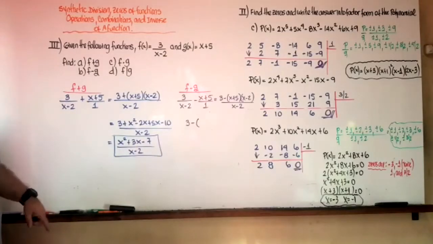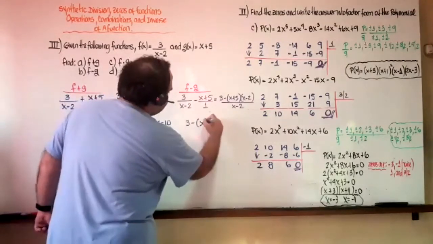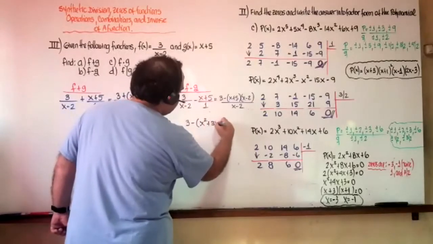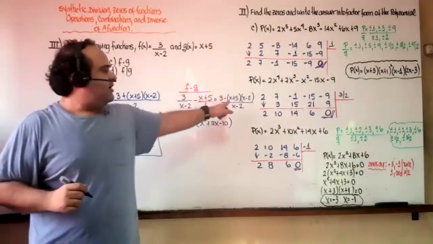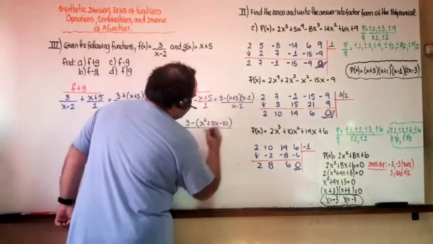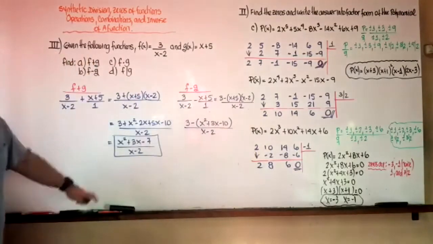As you can see, x squared plus 3x minus 10 is the result of multiplying x plus 5 by x minus 2, over x minus 2.